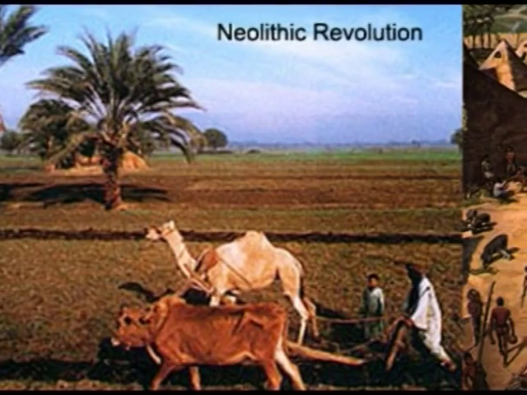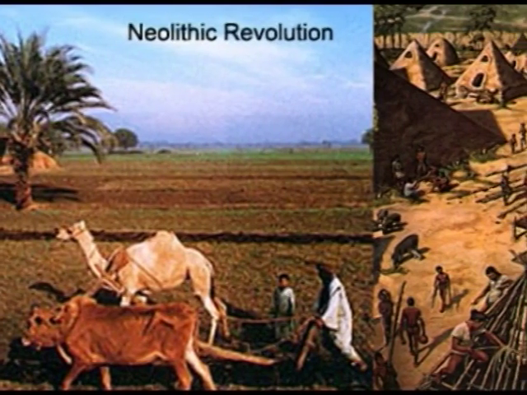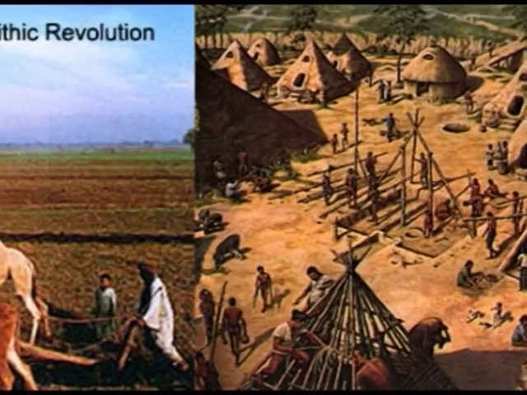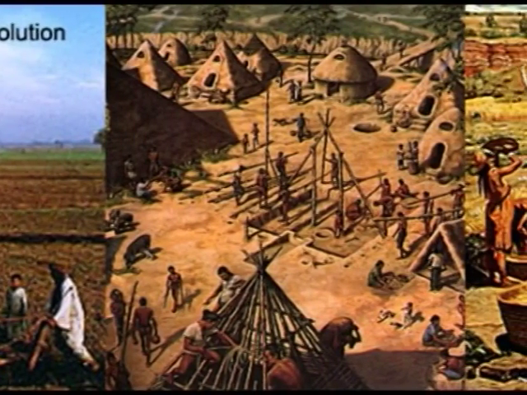These were the important phases of progressive transformation of the socio-economic condition in human history. The Neolithic Revolution is marked by gradual agriculture and consequent social organization.